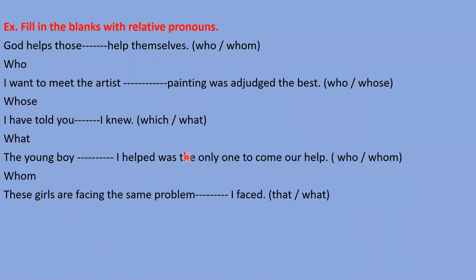Next sentence, these girls are facing the same problem I faced. These girls are facing the same problem I faced. So which word will come here? Between two words. Who will tell me?